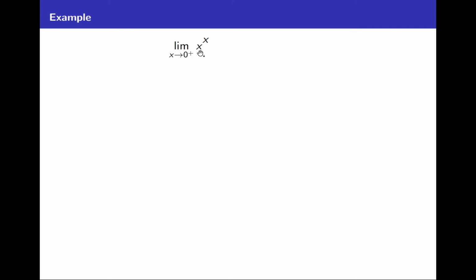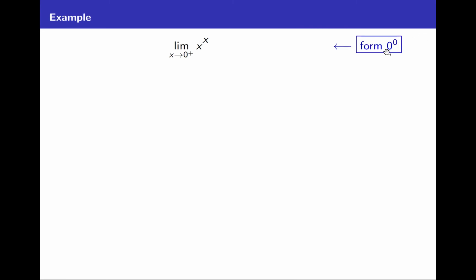You get some radicals that you can't work out there. So here, to make things work out nicely, or to make sense actually, x is approaching 0 from the right. The limit as x goes to 0 from the right of x to the power of x.